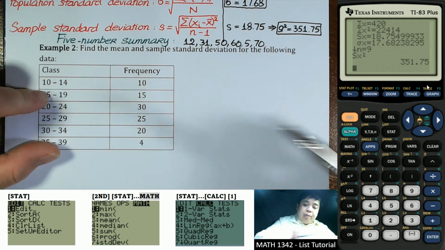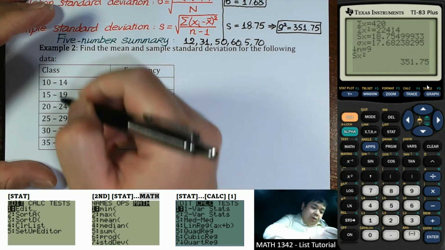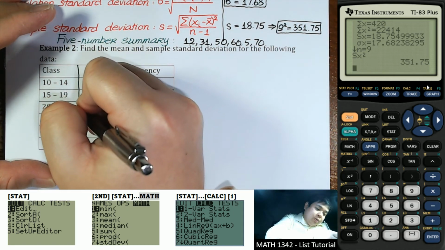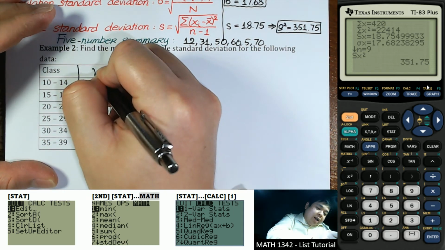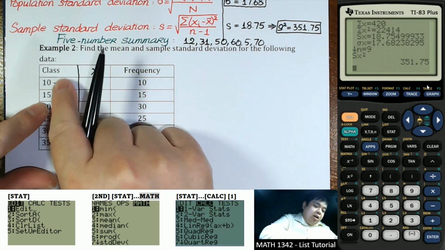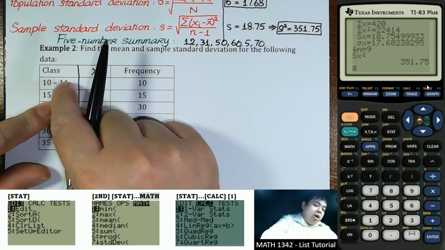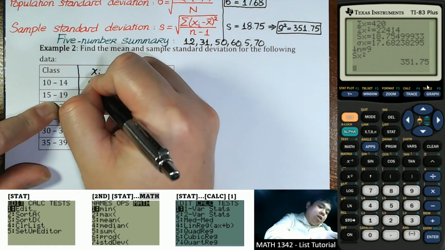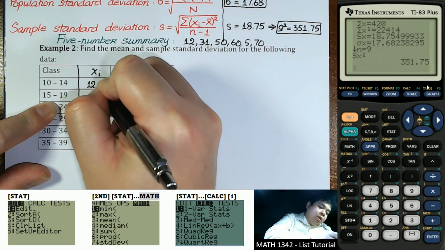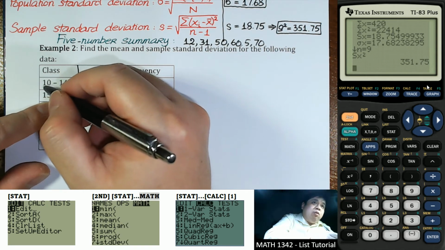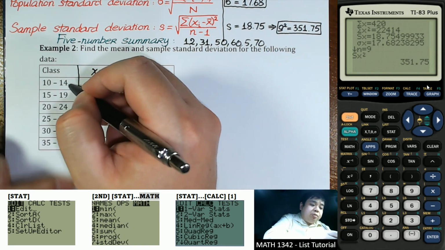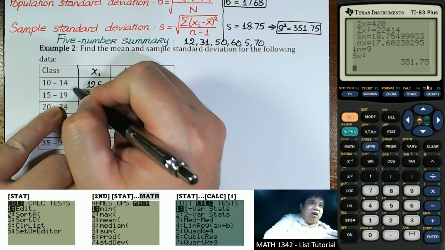In that case, we find the class midpoint, called x_i, which is the average of consecutive lower class limits. So the average of 10 and 15 is 12.5. So 12.5 represents everything from 10 up to 14.999999.